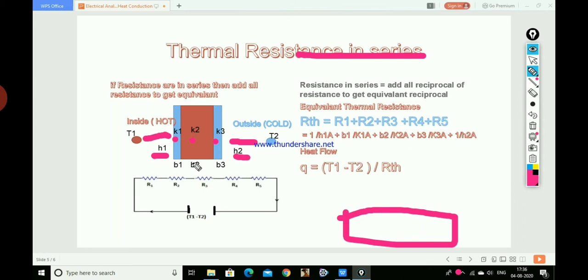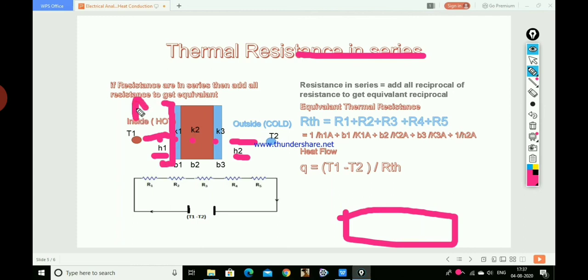Its values are: for convection, it is 1 by HA. Here we have H1, so it is 1 by H1A. Then we have thickness B1, so R2 equals B1 by K1A, where A is the area of this space.